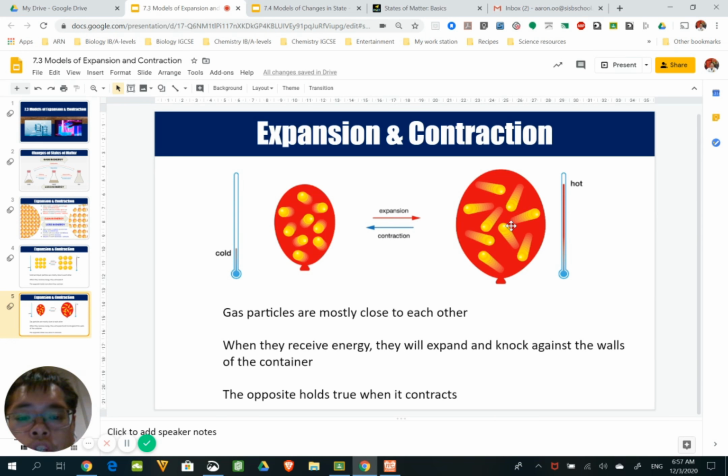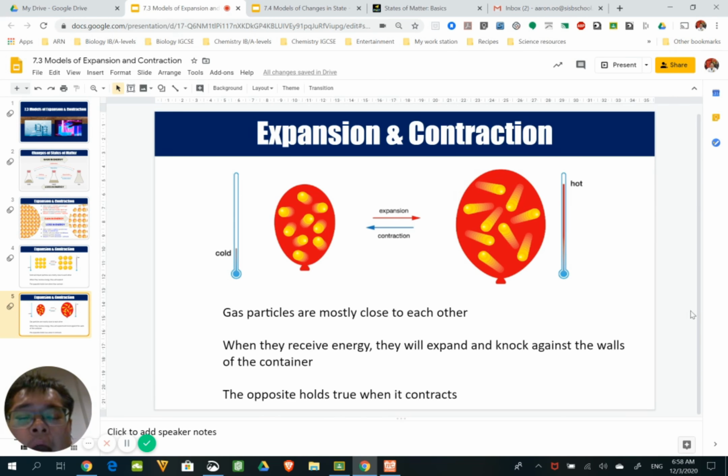They collide with each other, they knock against each other, and besides that, they knock against the walls. All right. So when they knock against the walls, they keep trying to push the balloon out, expand and expand and expand. Okay. Until there is a point of no return where there is too much and it has surpassed that limit, it will break.